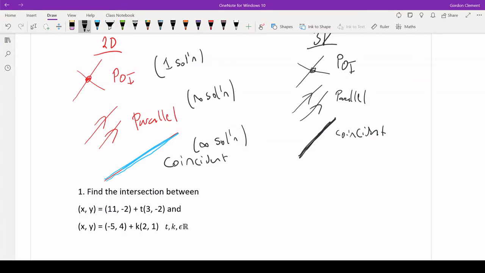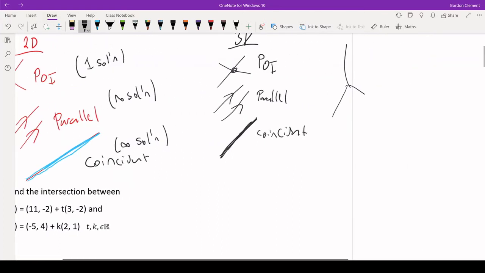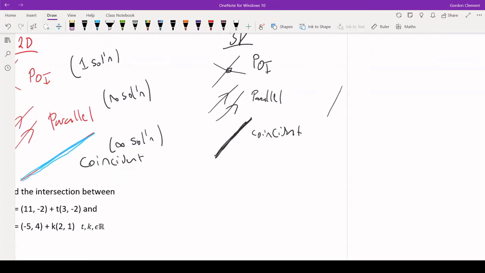What it looks like is very tough to draw in 2D. Maybe I'll try and draw a set of axes. We'll see how bad I do. So let's say that line's crossing there and there.